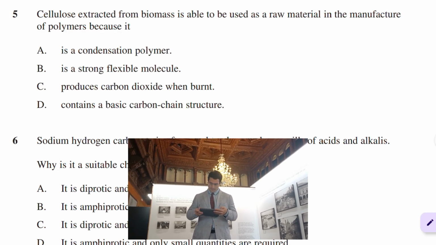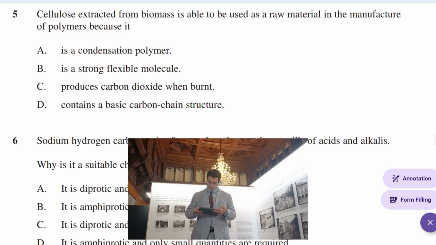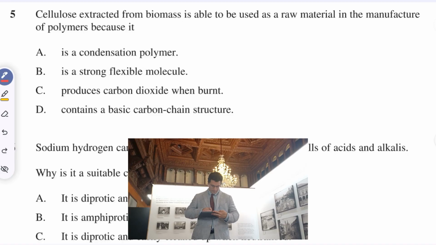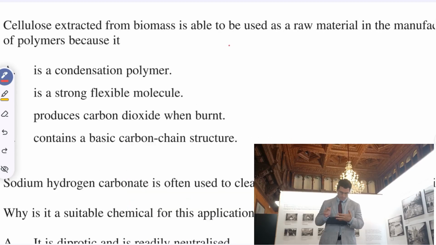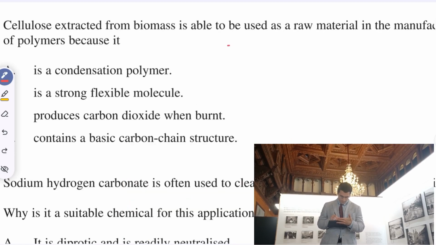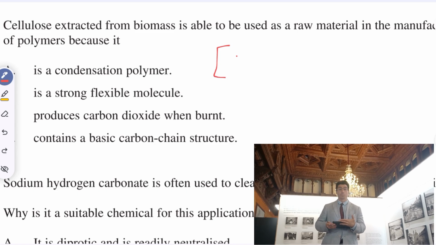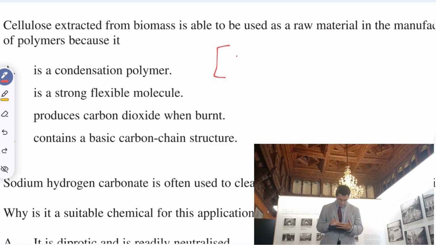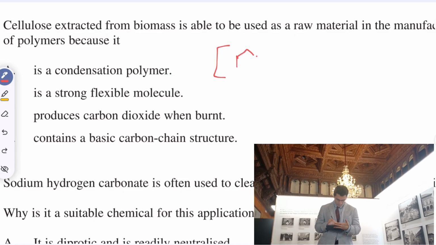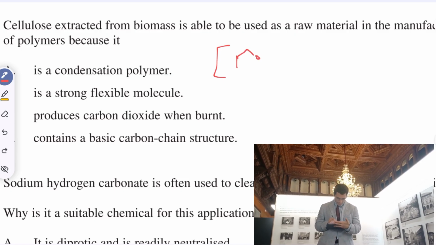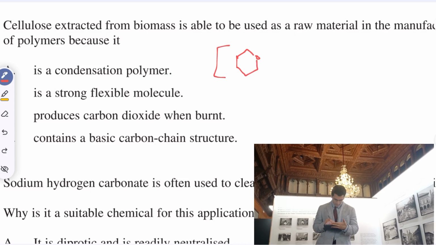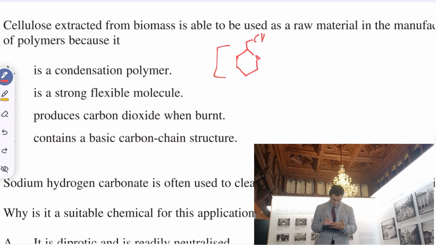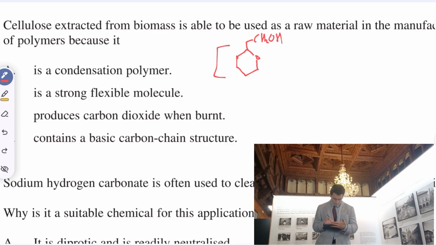So chemically, it is as follows. I will draw the structure. Now, cellulose is a polymer. So we have the square brackets which we use for polymers to denote repeating units. So it's hexagonal. On one corner it has an oxygen. Now on this carbon we have a CH2OH group.